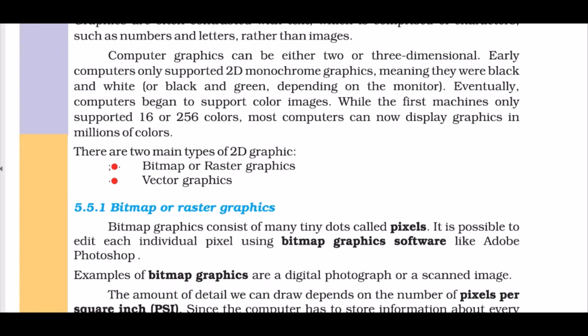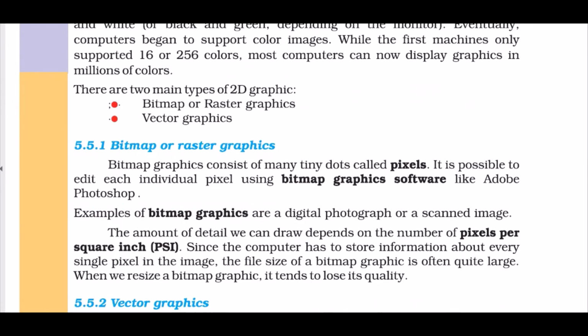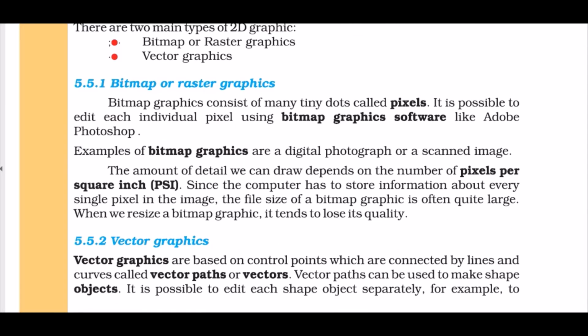There are two types of 2D graphics: bitmap or raster graphics and vector graphics. Let's talk about bitmap or raster graphics. Bitmap graphics consist of many tiny dots called pixels. It is possible to edit each individual pixel using bitmap graphics software like Adobe Photoshop.